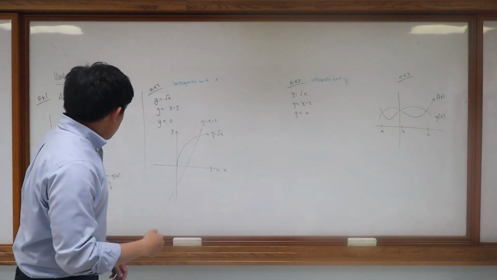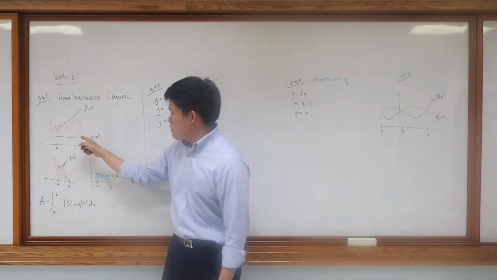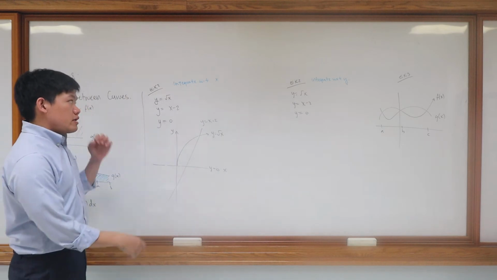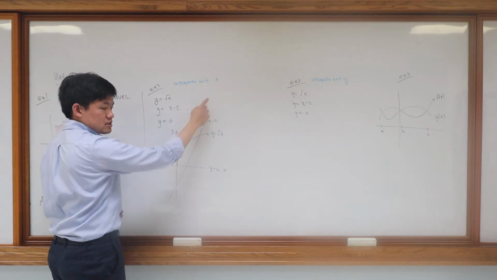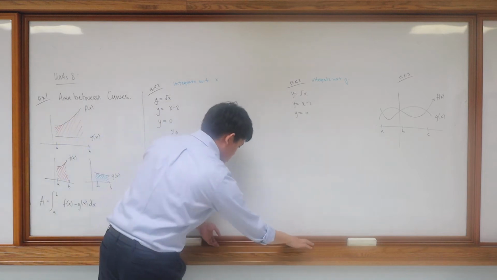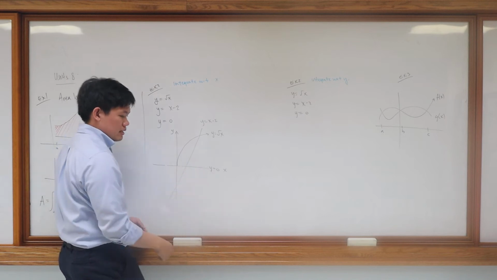Now, as I mentioned over here, it's always the top function, f, minus the bottom function, g. Looking at this example, if we are integrating with respect to x, think about my partitions. My partitions are going to be vertical because I'm changing with respect to my x's.